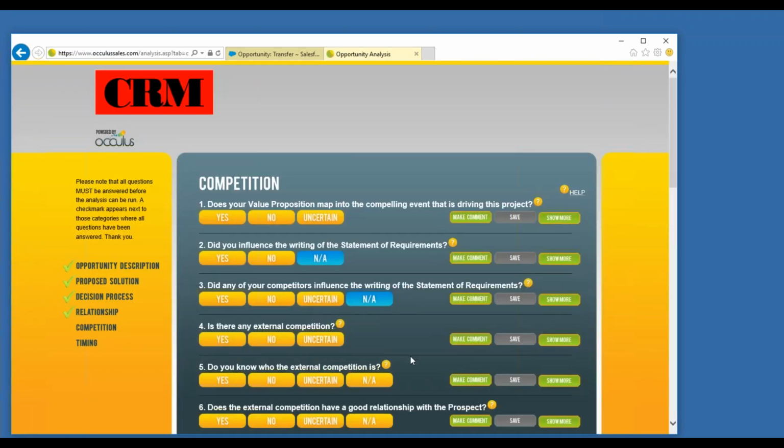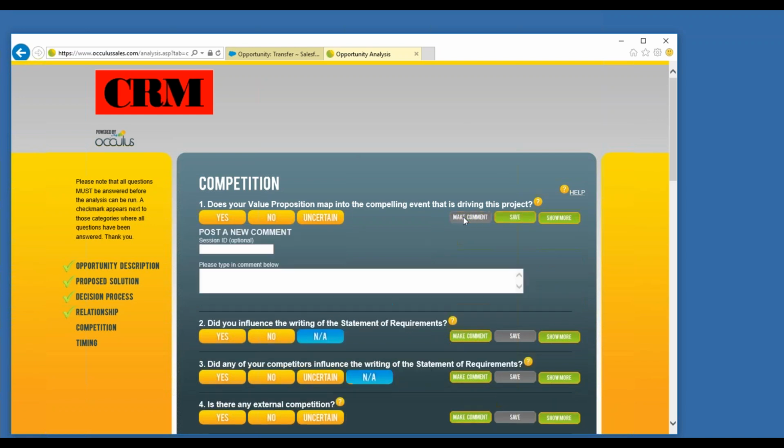Now here's must-comment question number 3. I'm just going to make a note here. This is number 3, and this is, does our solution, the value proposition of our products and solution, map into the compelling event? And it does. Yes.